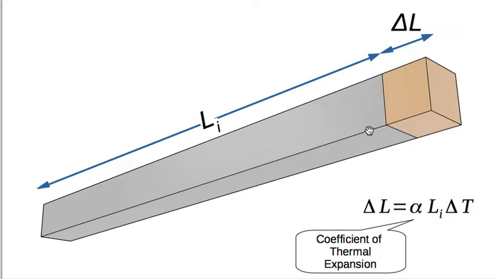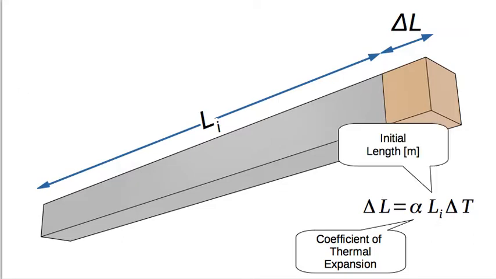So what I'm saying, guys, is that the delta L, how much it's going to grow, depends on the material. Some materials grow more than others when you use the same amount of energy. And the other thing that is very important to know is the initial length.